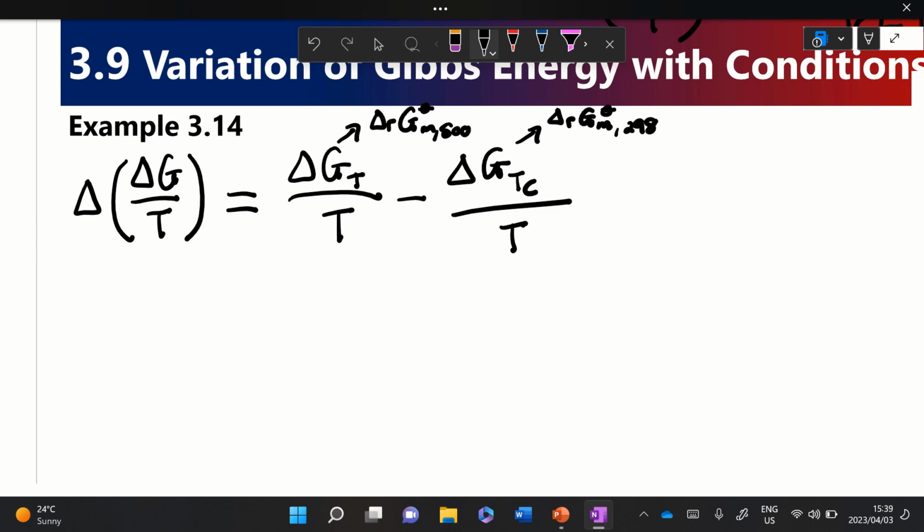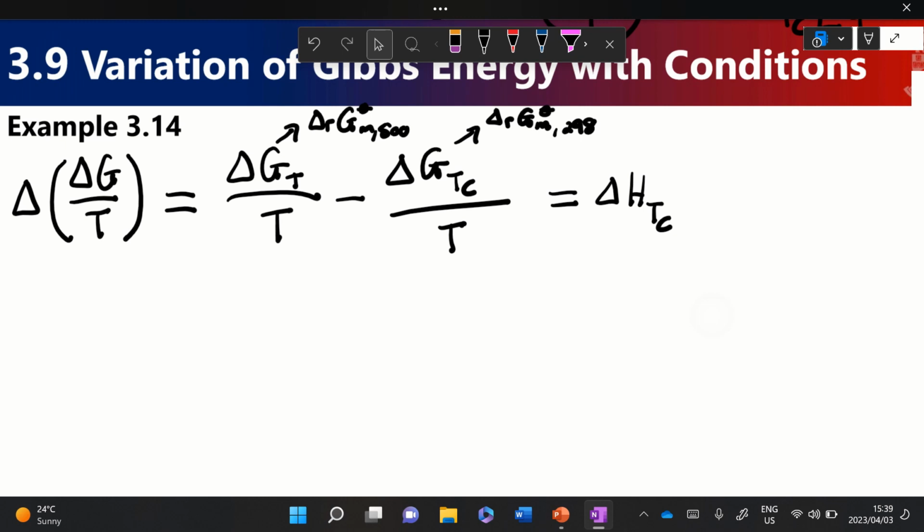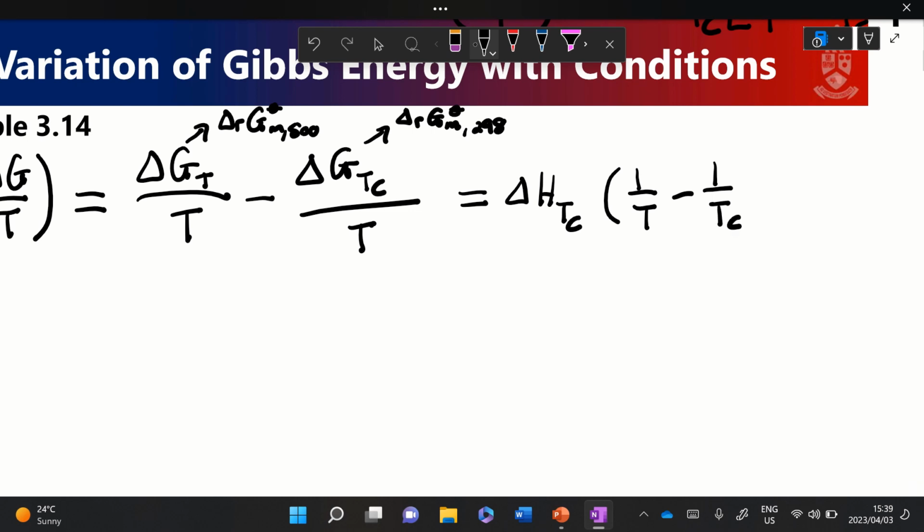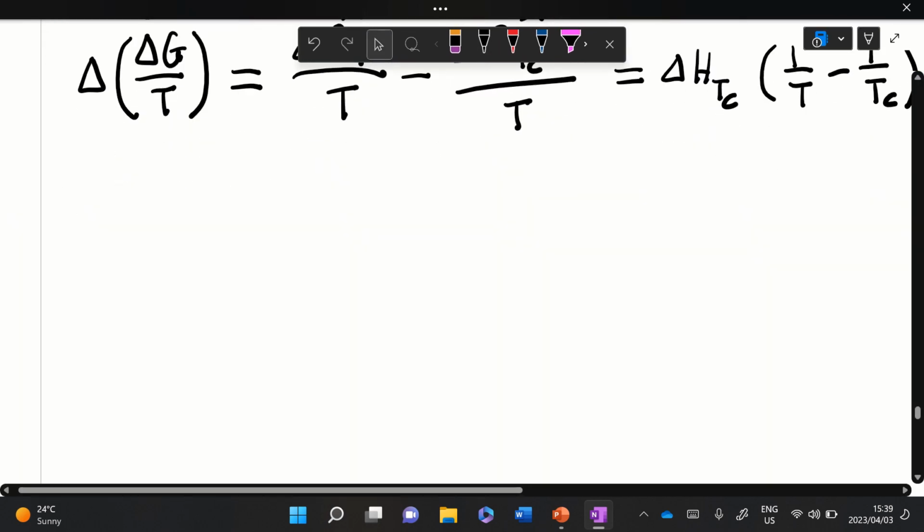Just the shorthand that we're using, and that is equal to delta H Tc times 1 over T minus 1 over Tc.